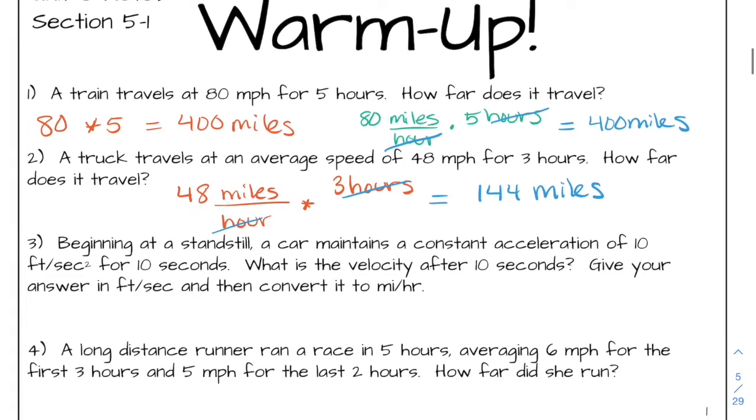All right. Beginning at a standstill, a car maintains a constant acceleration of 10 feet per second squared for 10 seconds. What is the velocity after 10 seconds? Give your answer in feet per second and then convert it to miles per hour. So the first thing we're going to do is take our 10 feet per second squared, and we'll multiply that by 10 seconds.